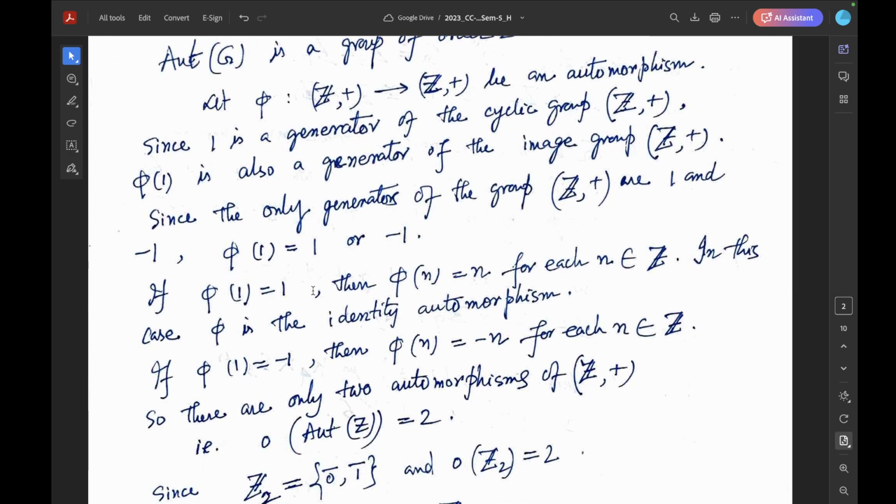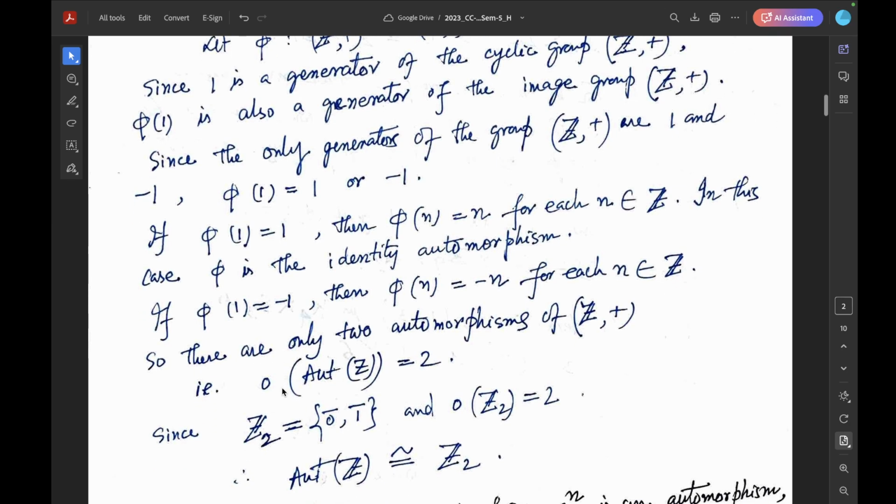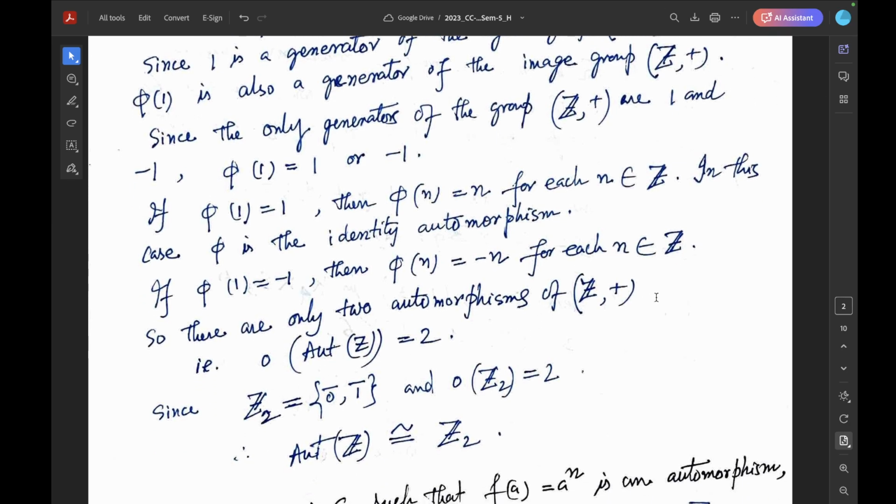If phi of 1 equal to 1, then phi of n equal to n for each n belongs to Z. In this case, phi is the identity automorphism. If phi of 1 equal to minus 1, then phi of n equal to minus n for each n belongs to Z. So there are only two automorphisms of Z plus.